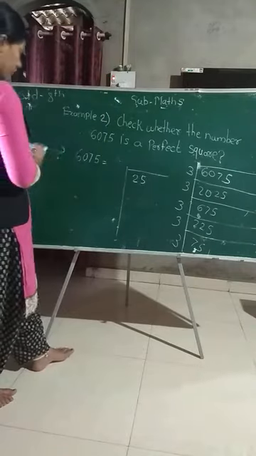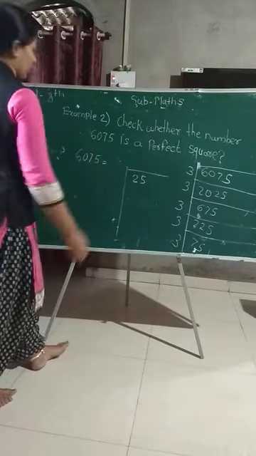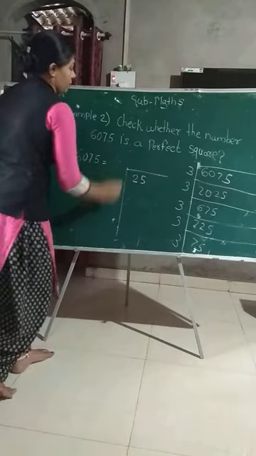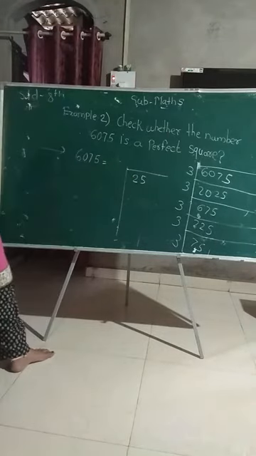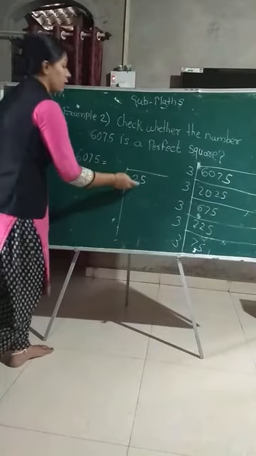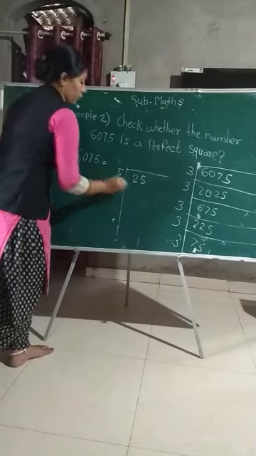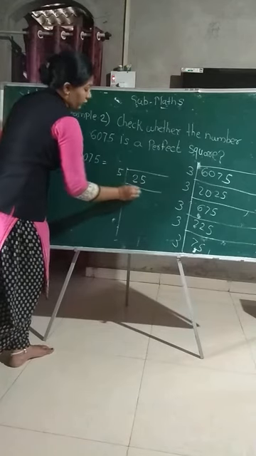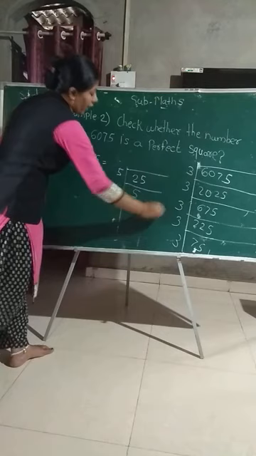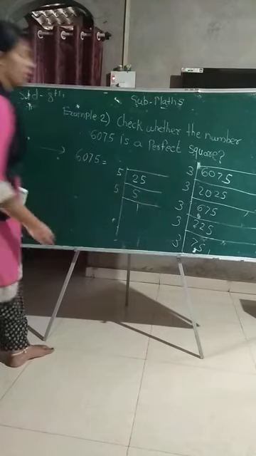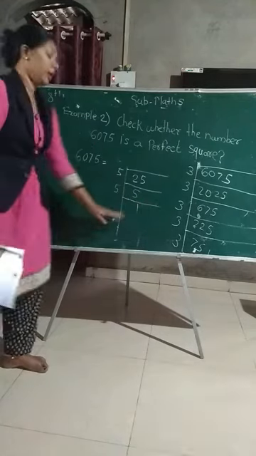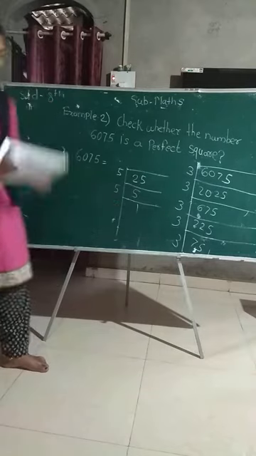Here we cannot divide by 3, but the next prime number is 5. We divide by 5 and get 5. Again we divide by 5 and get 1. Here we stop because the remainder is 1.